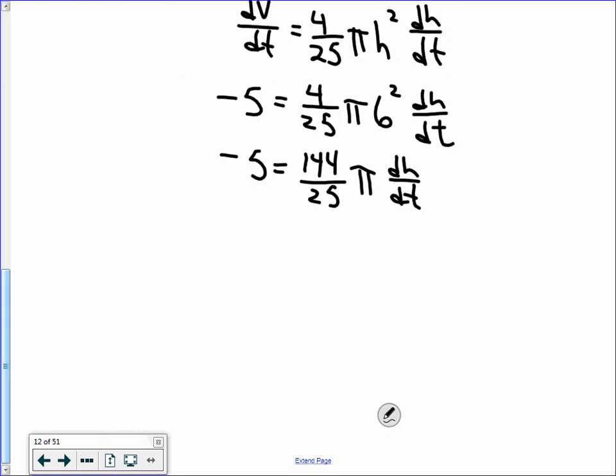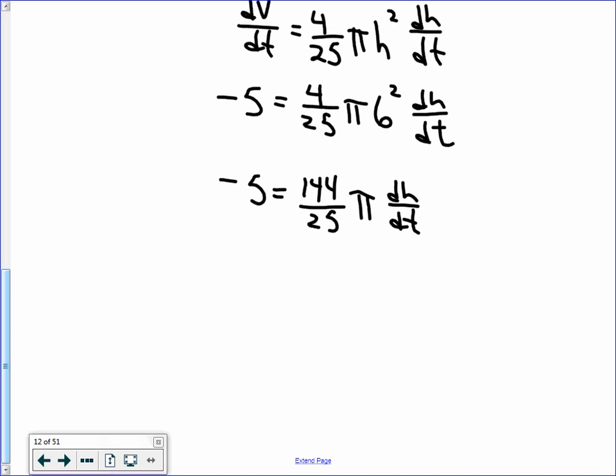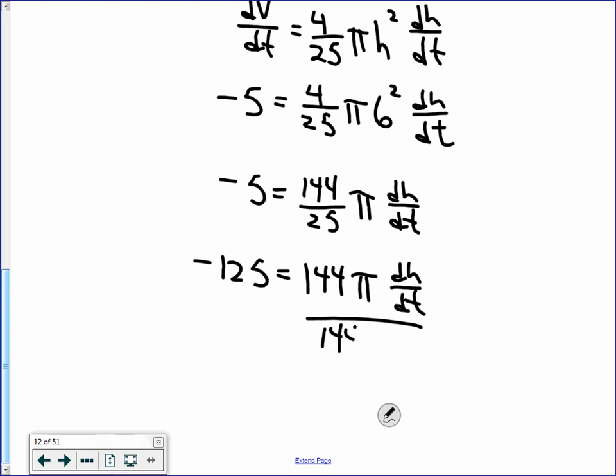I'll put the pi up here so you can see. If I multiply each side by 25, I have -125 equals 144 pi dH dt. And then I would just divide each side by 144 pi.